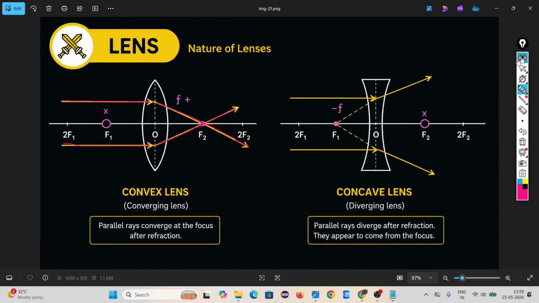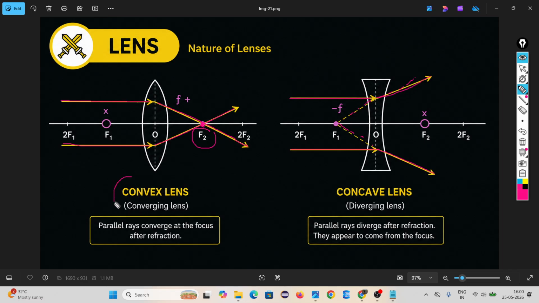But if you look at the concave lens, two parallel lights are coming, but they are diverging. Here, look, it appears to meet at F. You understand what is happening in the convex lens and what is happening in the concave lens. In a convex lens, refracted rays gather at point F2, but here lights are diverging.